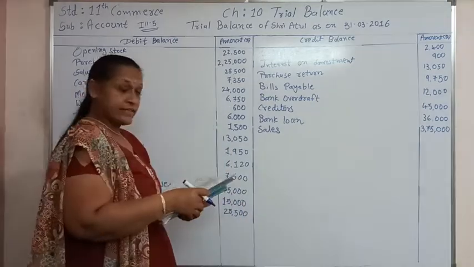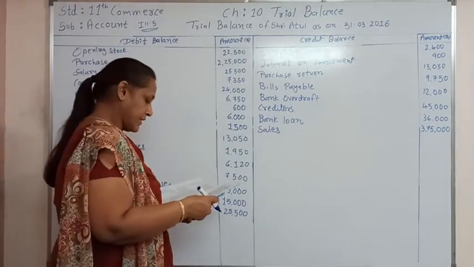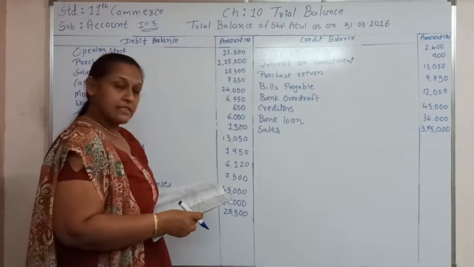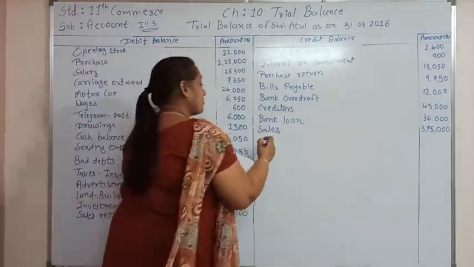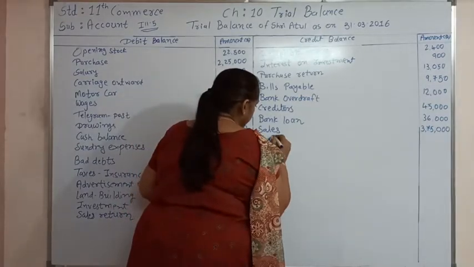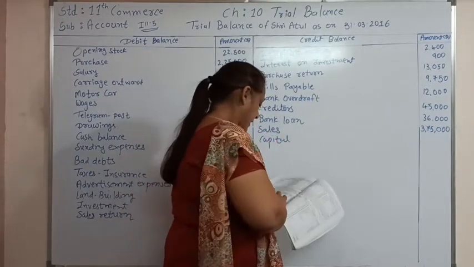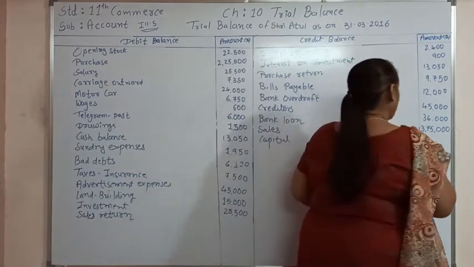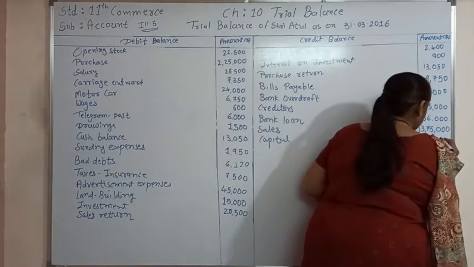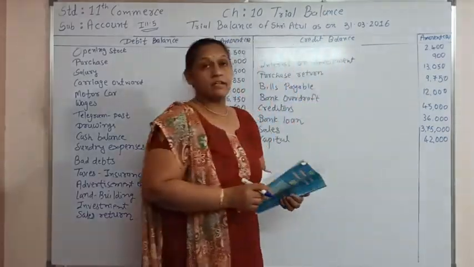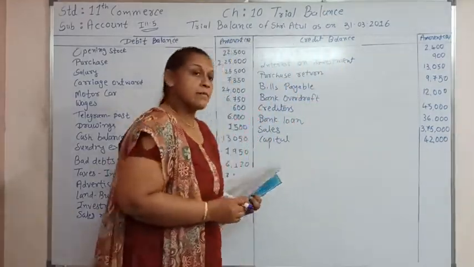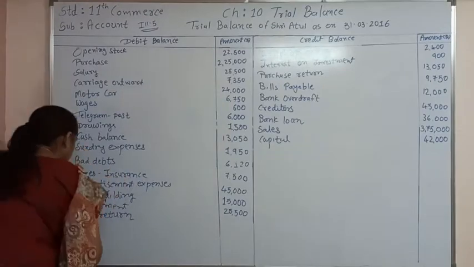And after sales return, another account is a capital account. So capital account is a liability to the business, and it has a credit balance. So we write capital account on the credit side, and capital account is of rupees 42,000. And after capital, another account is a bills receivable account, and bills receivable is supposed to be on the debit side.